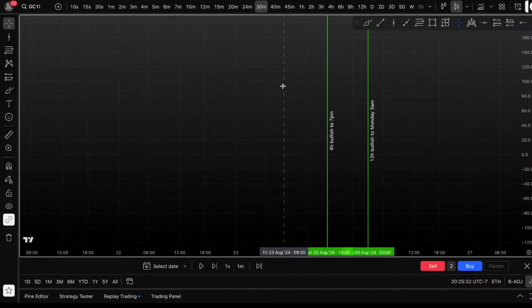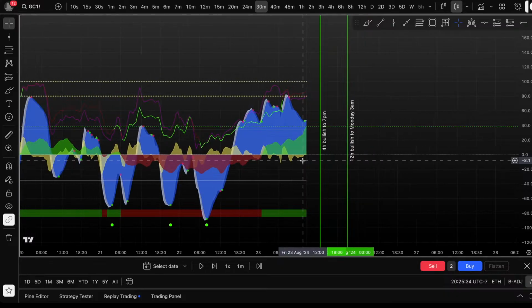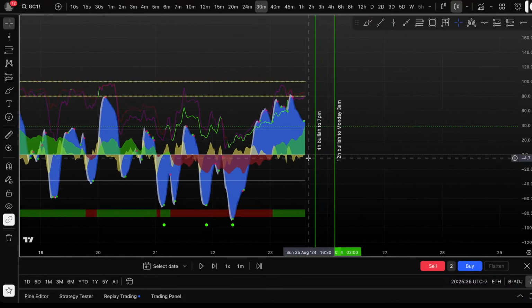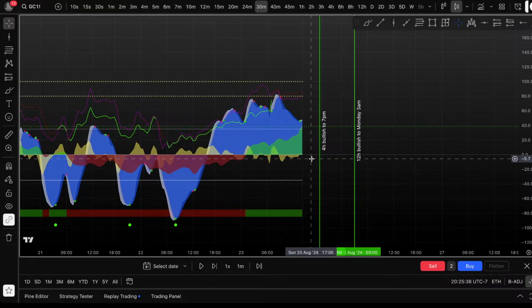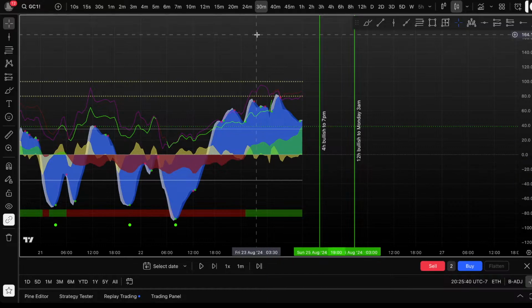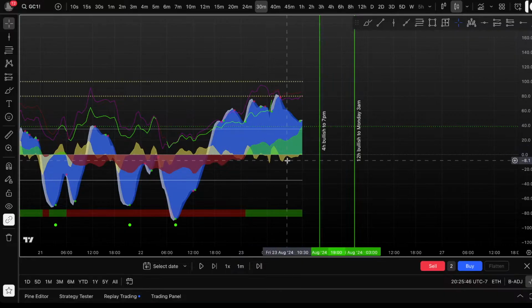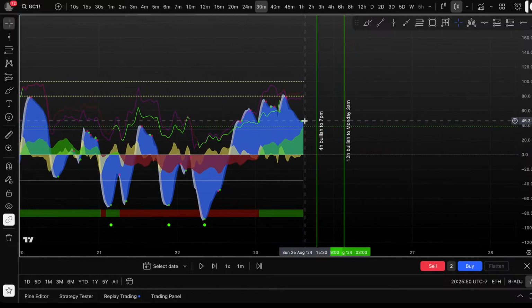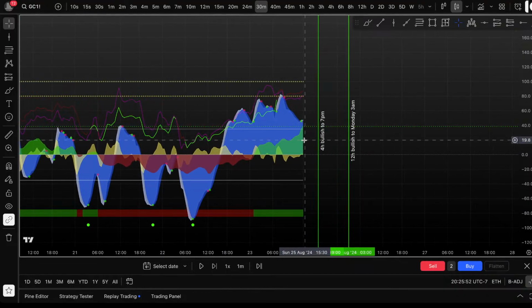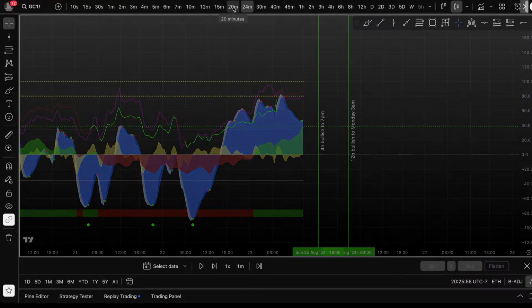We're either sideways or we're gonna make a push up, which I think we're gonna try to push up for that 255 area. 30-minute, same thing, choppy but bullish. Maybe she wants to pull back a little bit here.